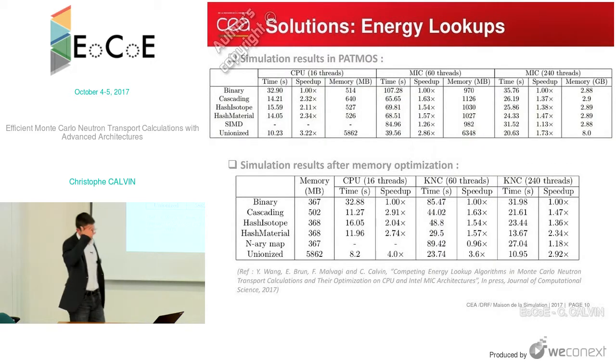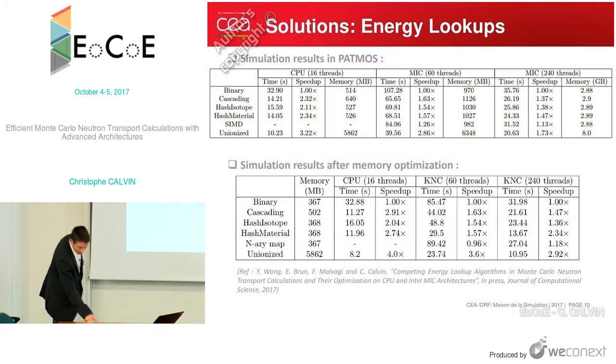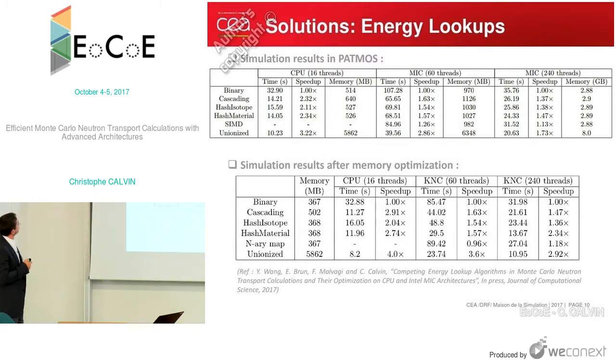So first, some optimizations of the energy lookup algorithms. The first is the classical one, which is implemented in most Monte Carlo transport codes: the binary search. We studied and implemented different versions of this search: the cascading isotope hash material, SCMD, and unionized.